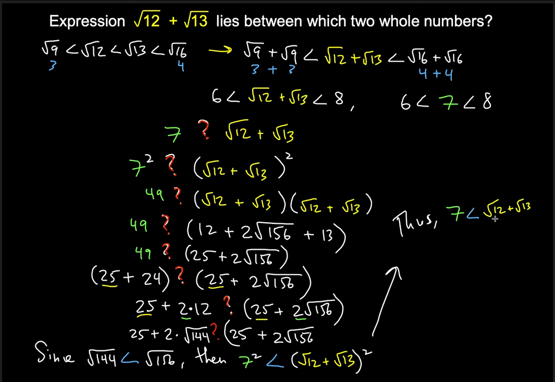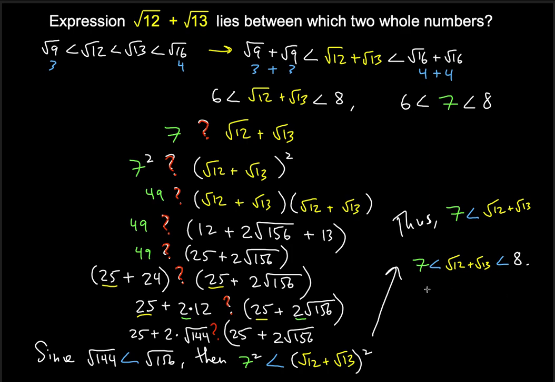If 7 is less than radical 12 plus radical 13, that means radical 12 plus radical 13 is above 7. But it's also what? It's also smaller than 8, according to here. Right? So as a result, this means 7 is less than radical 12 plus radical 13, which is less than 8.